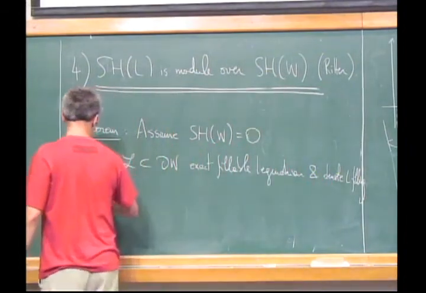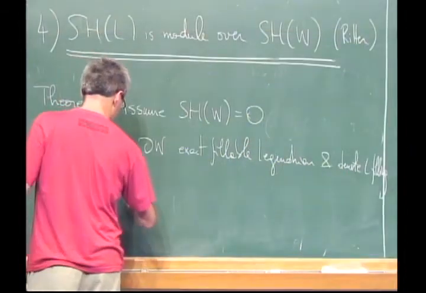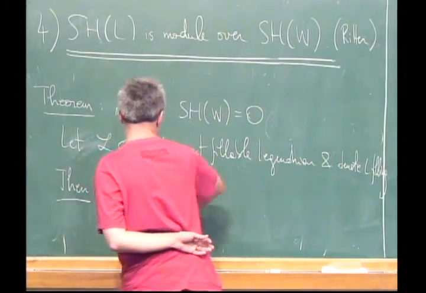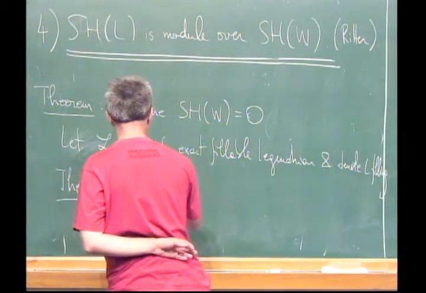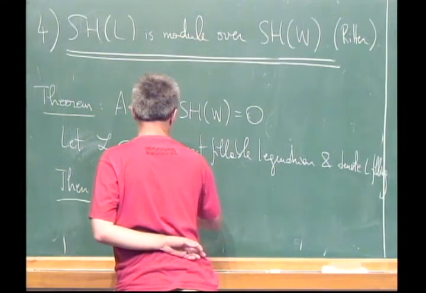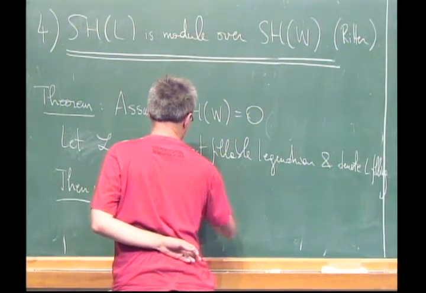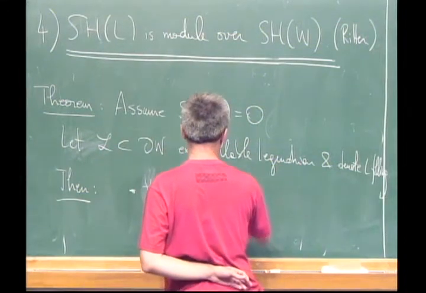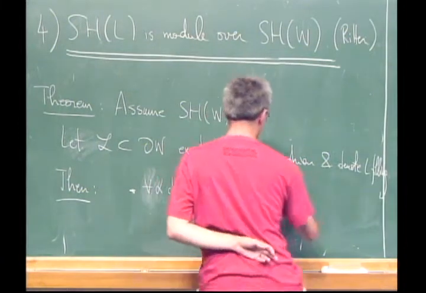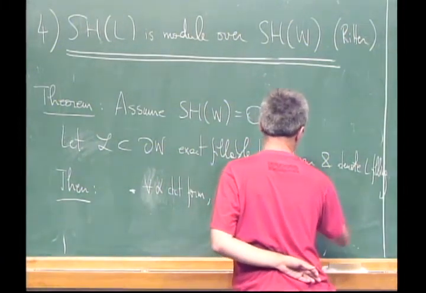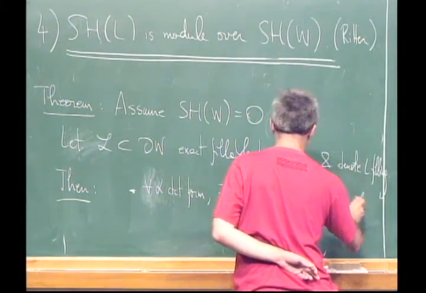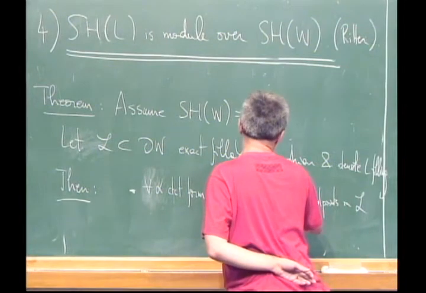Then the Arnold chord conjecture holds for this Lagrangian, meaning that for every choice of contact form, there exists a Reeb chord with endpoints on L, and this Reeb chord may be closed. We don't know.